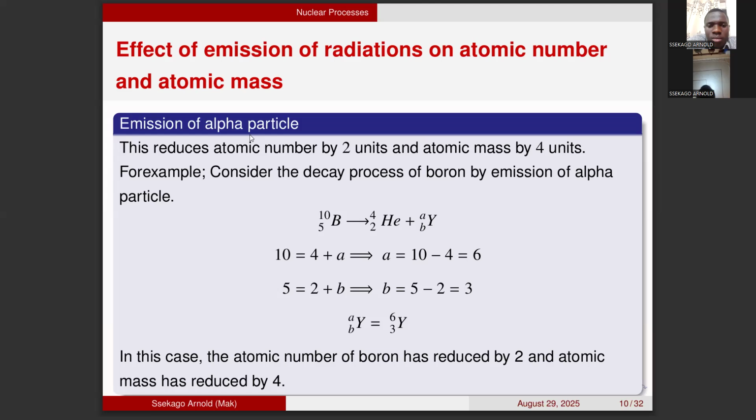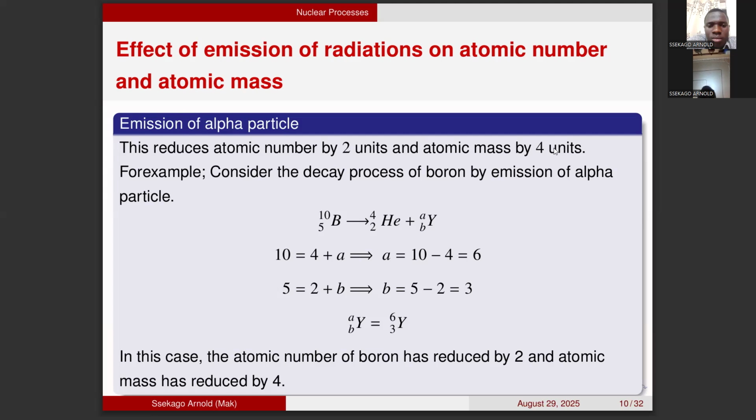What will happen to it if it emits a beta particle? If it emits a gamma particle, what will happen to it in terms of atomic number and atomic mass? That's what we are investigating today. So we start with the emission of alpha particle. And here we are saying that this reduces atomic number by 2 units and atomic mass by 4 units. So this is the effect of alpha particle.